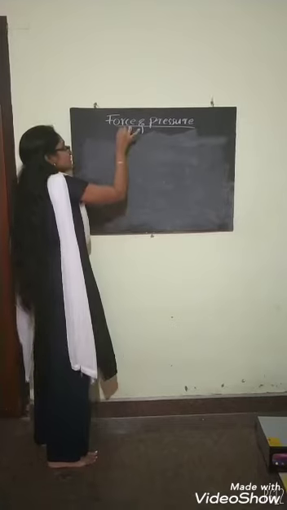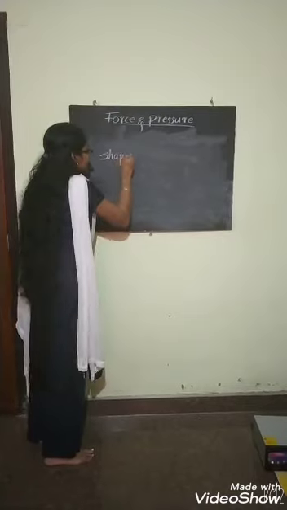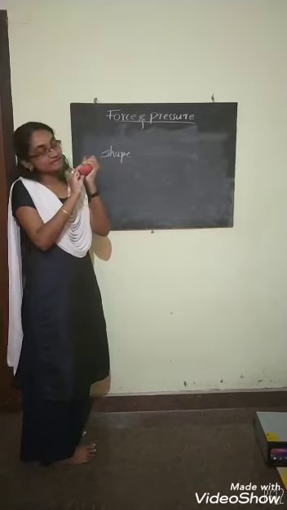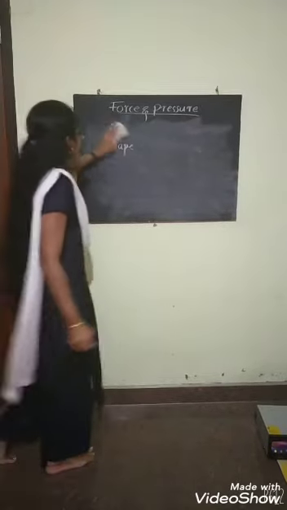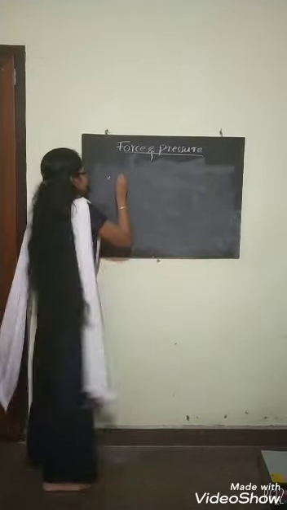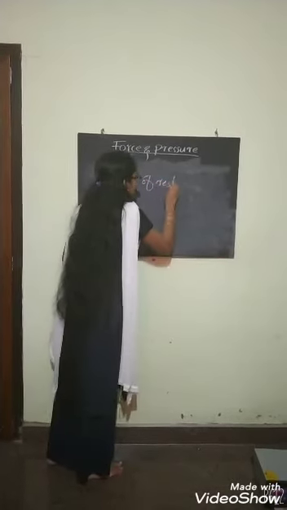By concluding this table, we can say that when we apply force on an object, it changes the shape of that object. That is, when I am applying force on this object, what happens? Its shape changes. So, in this class, we discussed the different things that happen by applying a force. It changes the state of rest or motion.